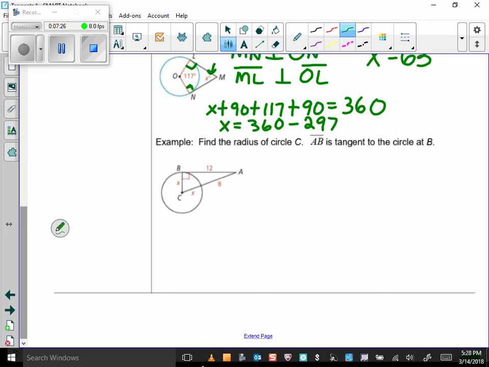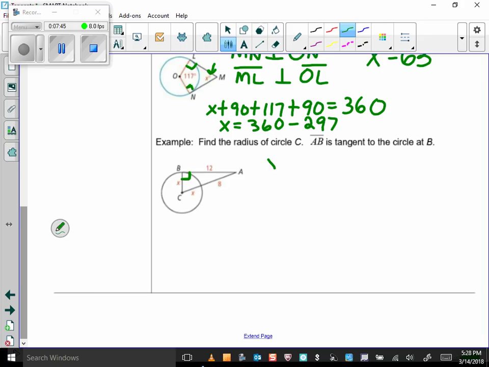Okay, find the radius of circle C. AB is tangent to the circle at B. Okay, so they've already got it marked. That we know means that BC and AB are perpendicular, so we've got a right triangle. So let's see, what are we going to do? I guess we're going to have to use the Pythagorean theorem, right?